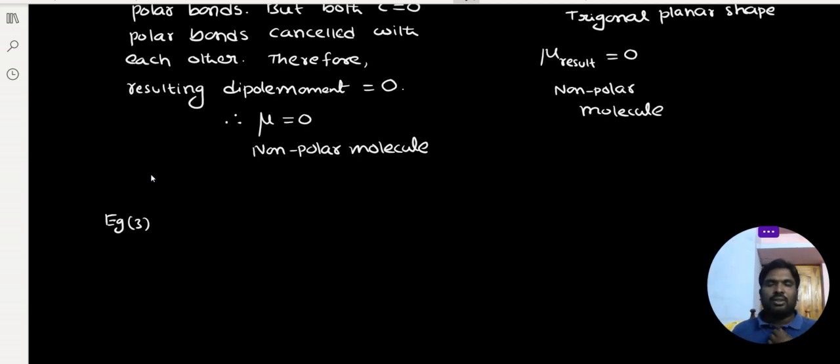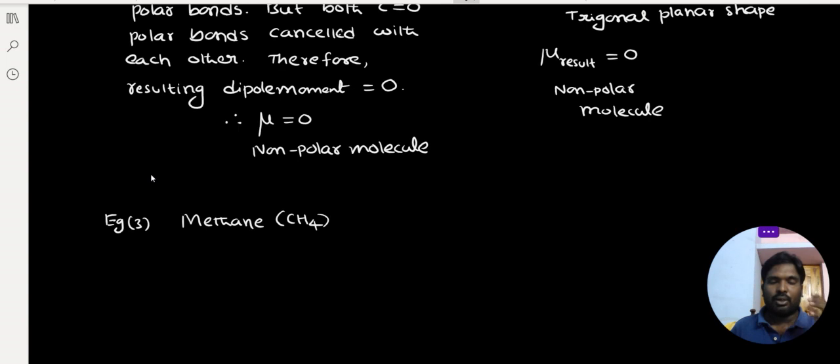Now coming to example 3: methane, CH4. It is a symmetrical tetrahedral molecule, so we are unable to explain it on the paper or board plane.